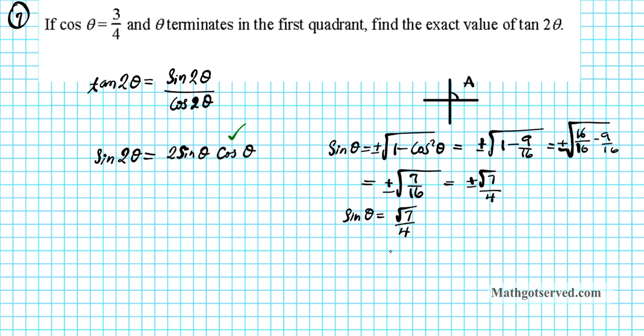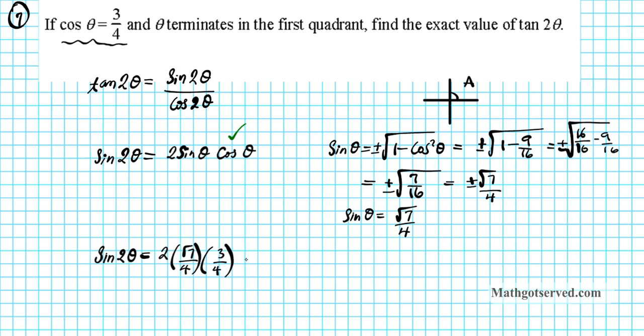Now we know sine theta is this, and earlier it was indicated that cosine theta is 3/4. So we're ready to compute the value of sine 2 theta. Sine 2 theta is going to be 2 times sine theta, which is root 7/4, times cosine theta, which is 3/4.